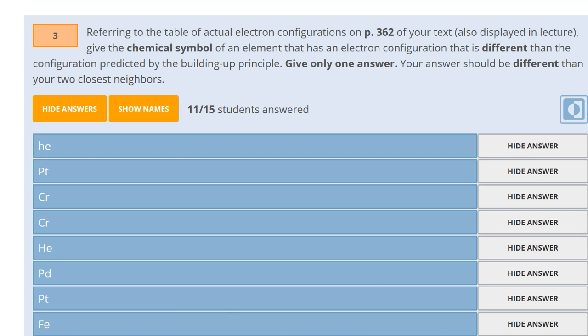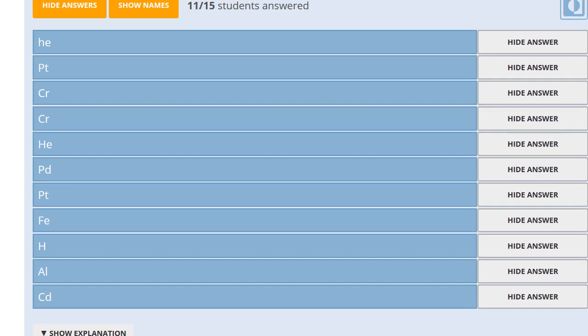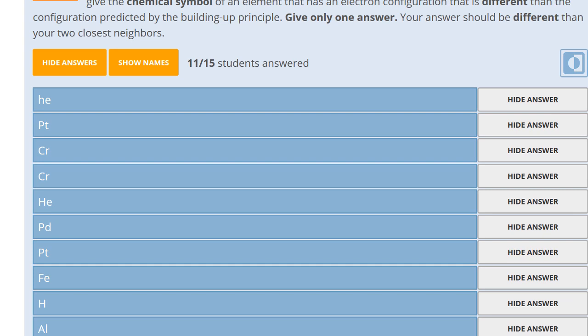Okay, we got 11 of you. Let's have some more. Helium isn't one of them, by the way, whoever put helium in. Okay, that is one that is on target.